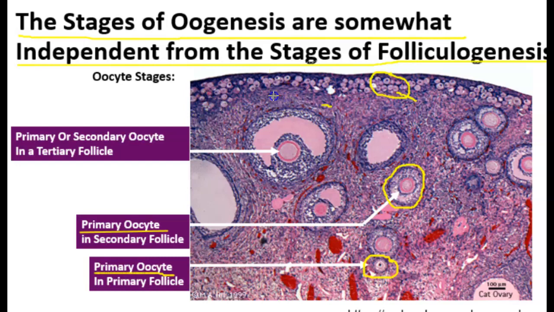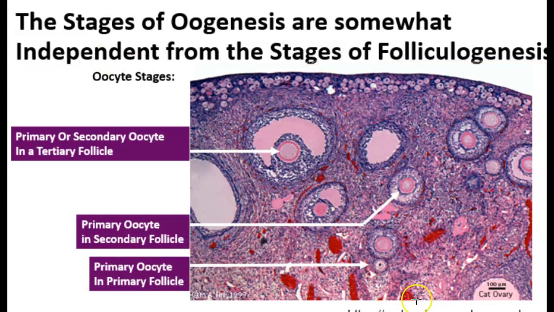When we get to this tertiary follicle stage, the antrum is present, and we never get to a tertiary oocyte. That doesn't exist. This could either be a primary or a secondary oocyte. So it's a little bit independent. We're going to discuss just oogenesis by itself and then look at the two processes side by side for naming conventions.